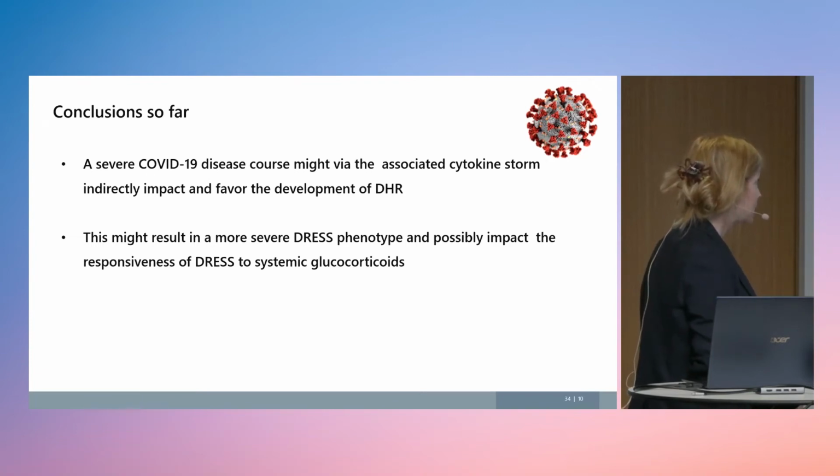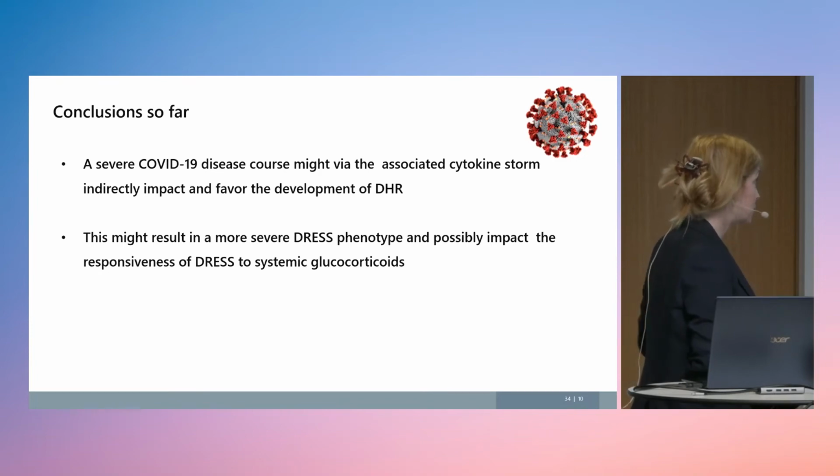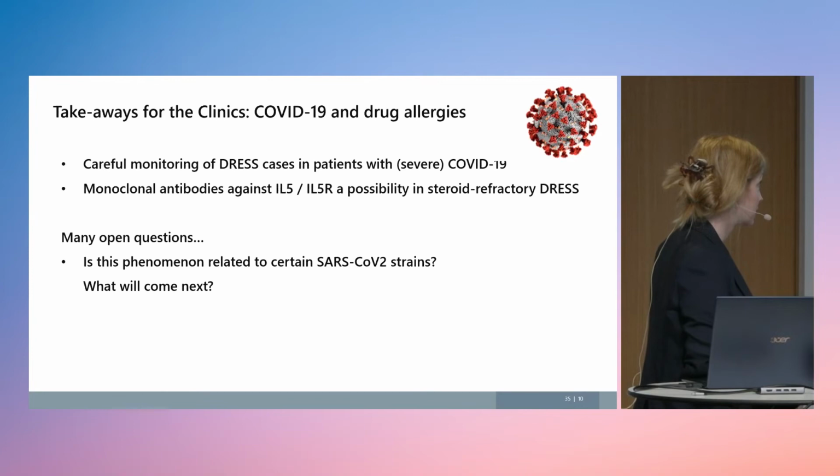And this might, even for DRESS, result in a more severe clinical course. And this is really speculation, but it might be possible that this could also impact the responsiveness to systemic glucocorticoids in these patients. We had 3 more similar cases of DRESS like this.